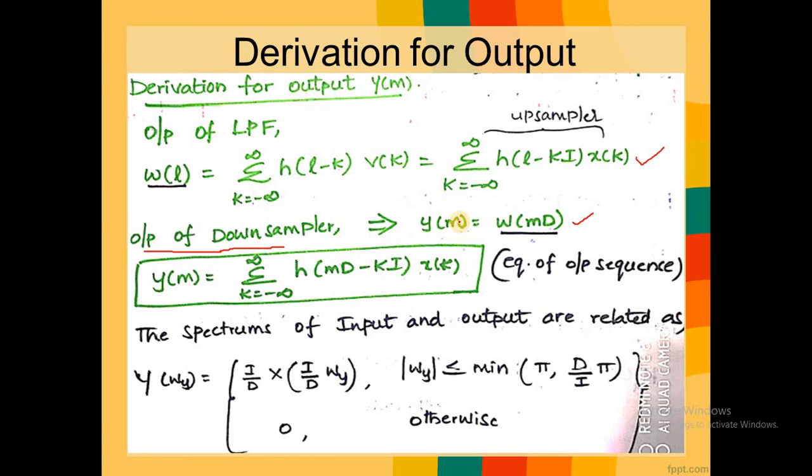Substitute w of md in this particular equation. In place of L, see here, W of L is W of md. In place of L we have md here.